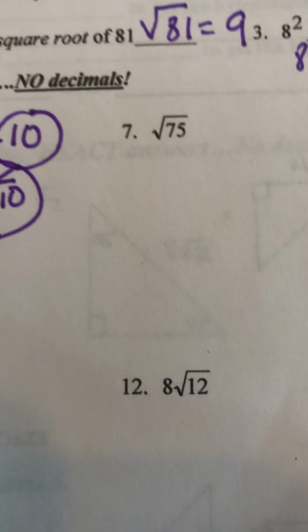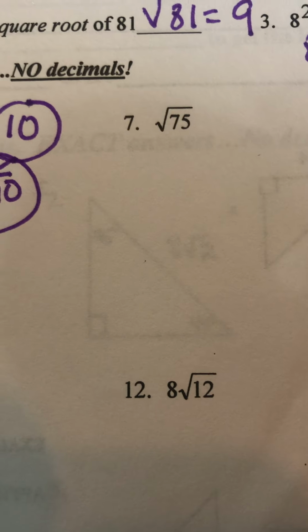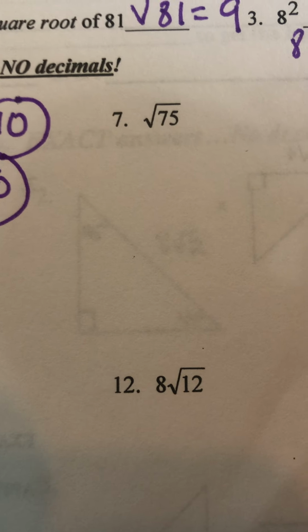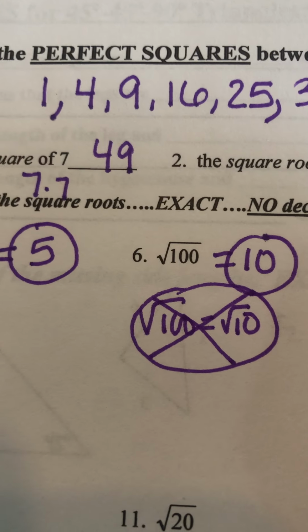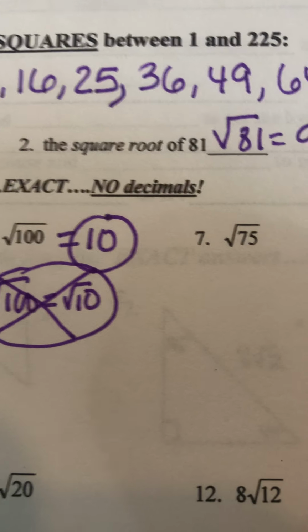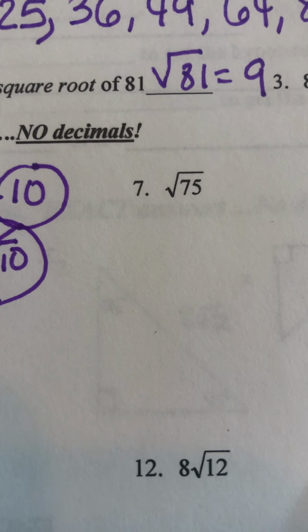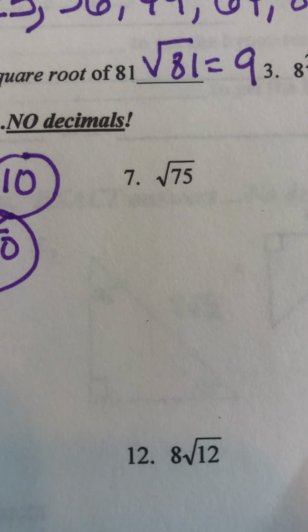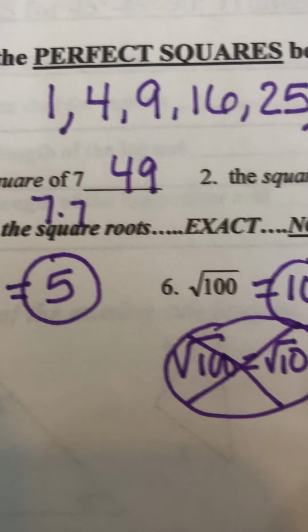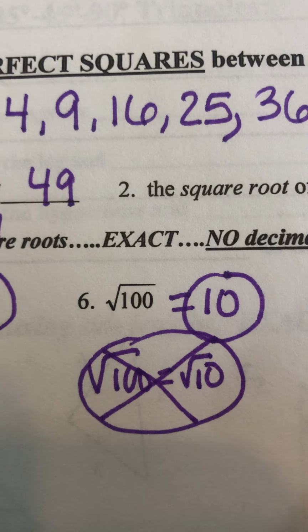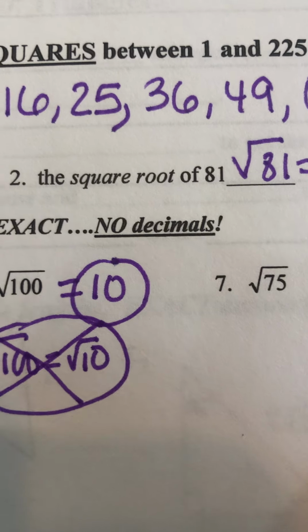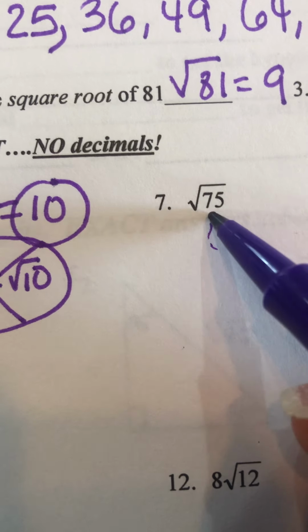And that's going to be important when we get to one like the square root of 75. That is not one of our perfect squares, right? So what we're going to do is we're going to simplify this square root, and you've seen this before. You're going to look for, on our list, the biggest number that goes into 75, which is 25.